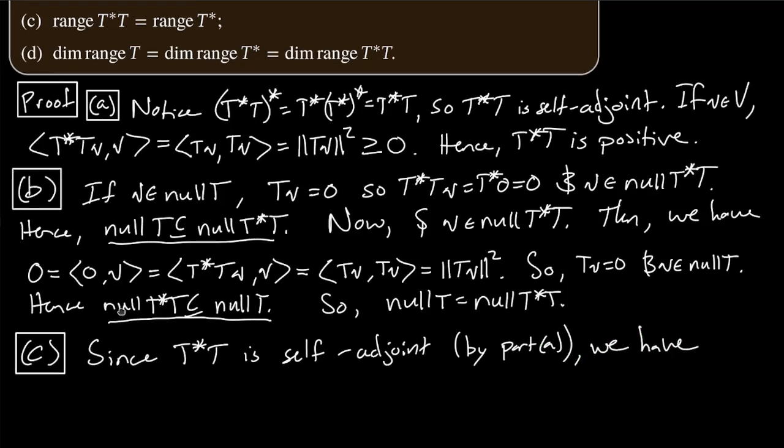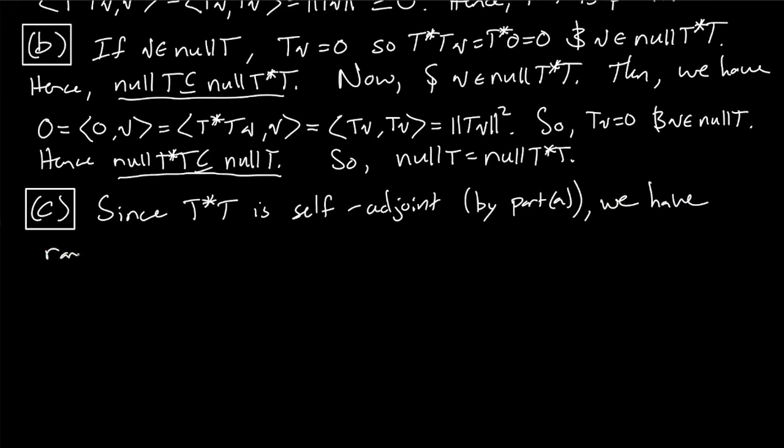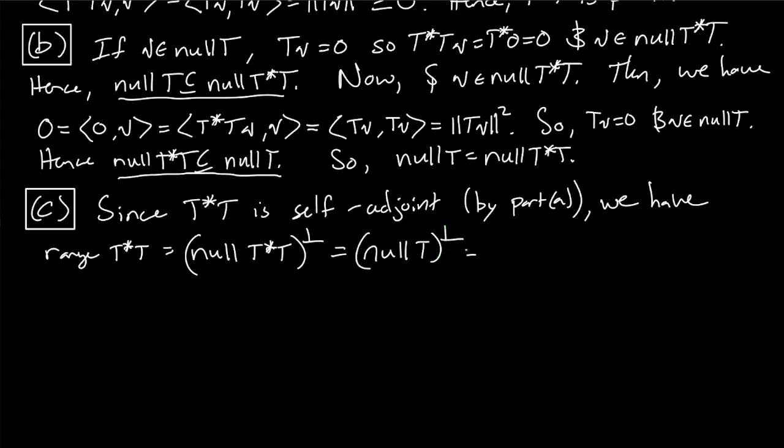So the range of T star T is equal to the orthogonal complement of the null space of T star T. Which, now notice, we just showed that the null space of T star T is equal to the null space of T. So this is the orthogonal complement of the null space of T. What's the orthogonal complement of the null space of T? Well, it's the range of T star. That's just a fact about adjoints in general. Nice. All right, sweet. We got it down.